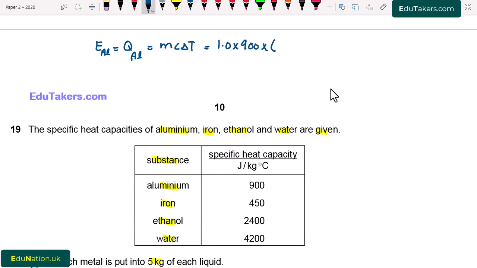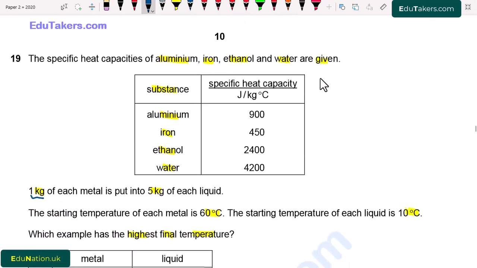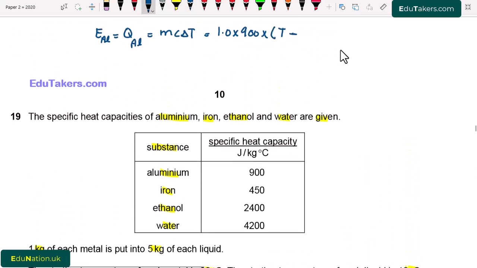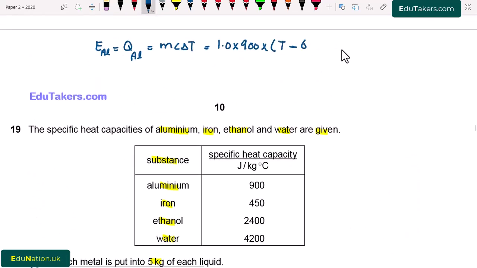Change in temperature is final temperature minus initial temperature. I write final temperature T minus the initial temperature for metal, which is 60 degrees C. So Q aluminium will be equal to 900(T − 60).